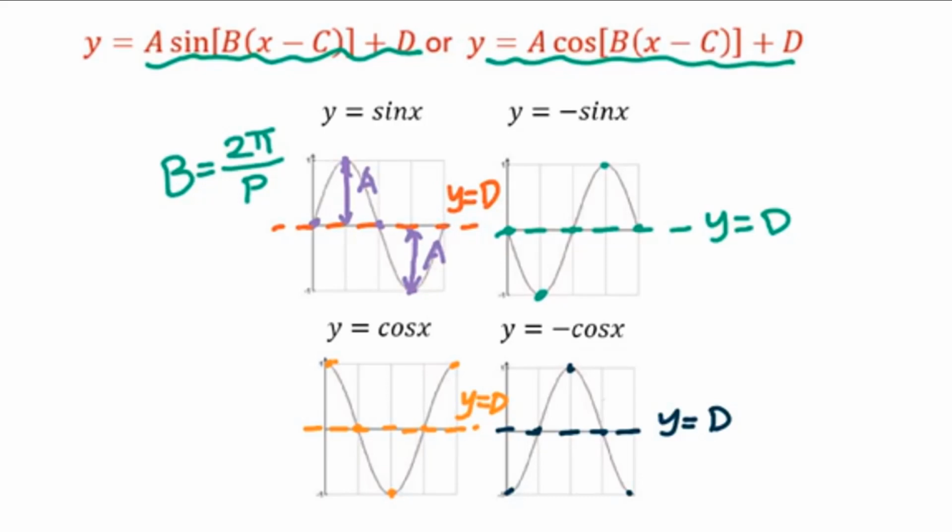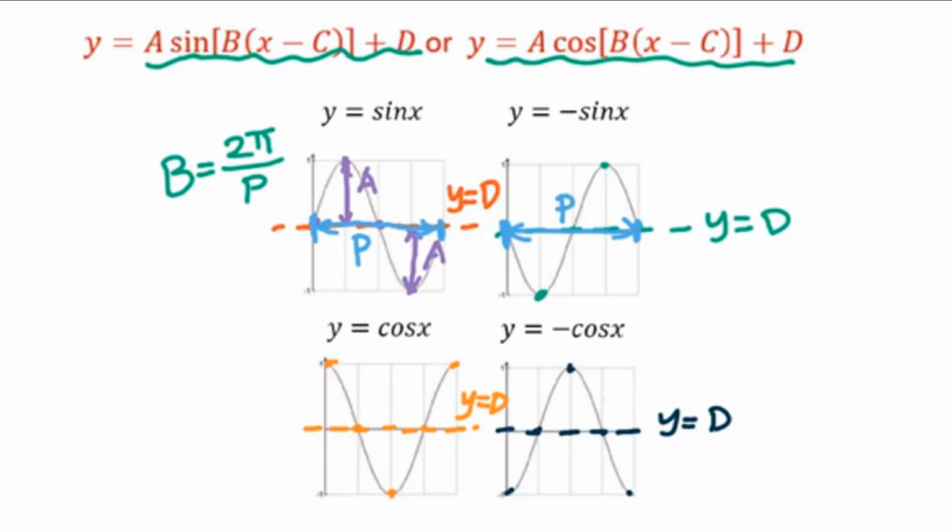There are a lot of ways to figure out the period. For example, on the midline, every other point, from here to here, that's one period. So the horizontal distance for every other point on the midline is a period.